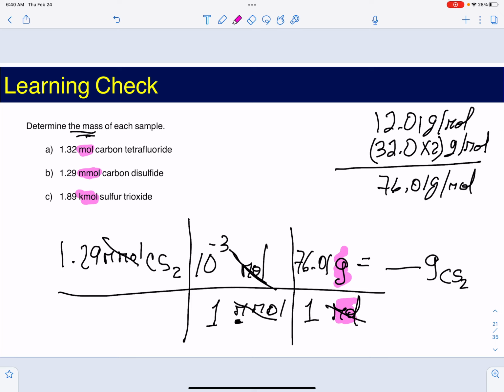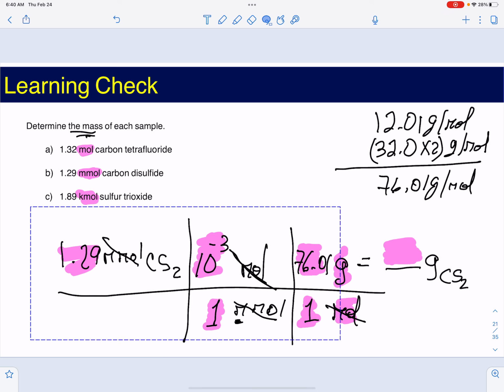Once you put that in your calculator, you're going to get 1.29 times 10 to the minus 3 times 76.01 divided by anything at the bottom, divided by 1, which you really don't have to do, right? And that will give you your result. So once more, you have to have moles or you have to have grams. So whatever you start with, if it's not mole or grams, you have to change it to that first.